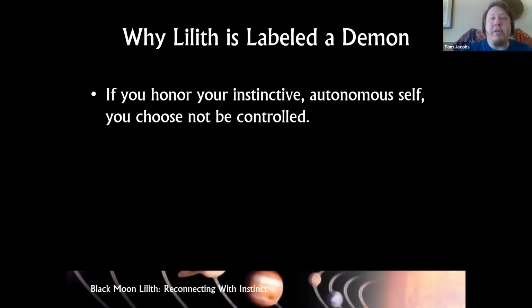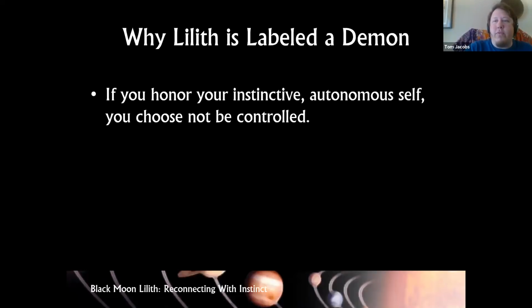All right, now why is Lilith labeled a demon? If you choose to honor your instinctive autonomous self, you're choosing not to be controlled. If you choose to listen to your body, you can't be controlled. If you choose to listen to your endocrine system, your chemistry, your hormones, the whole pheromone hormone system, if you choose to listen to that, right?